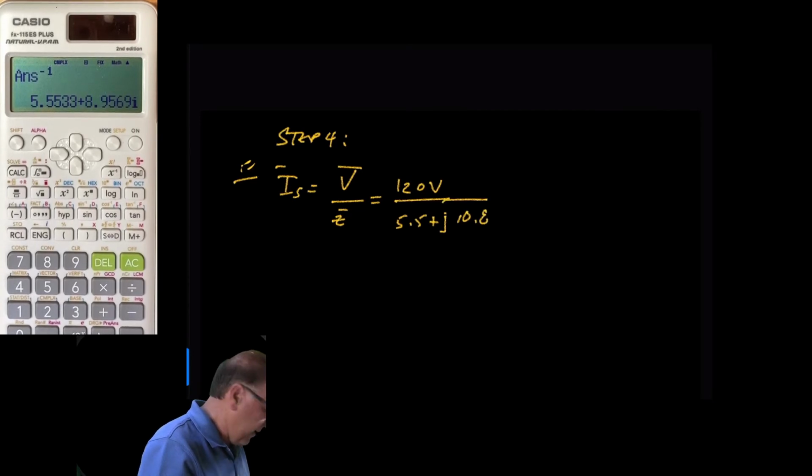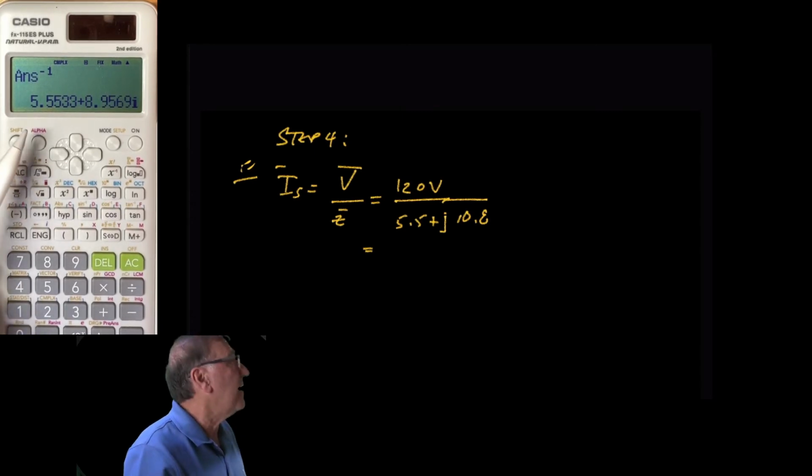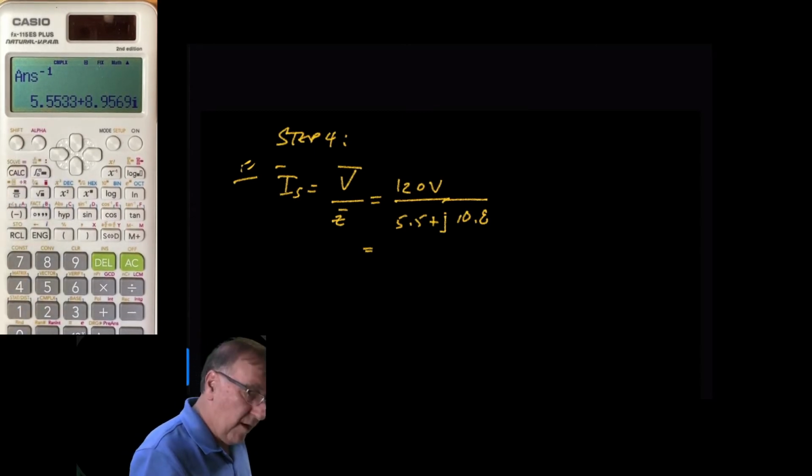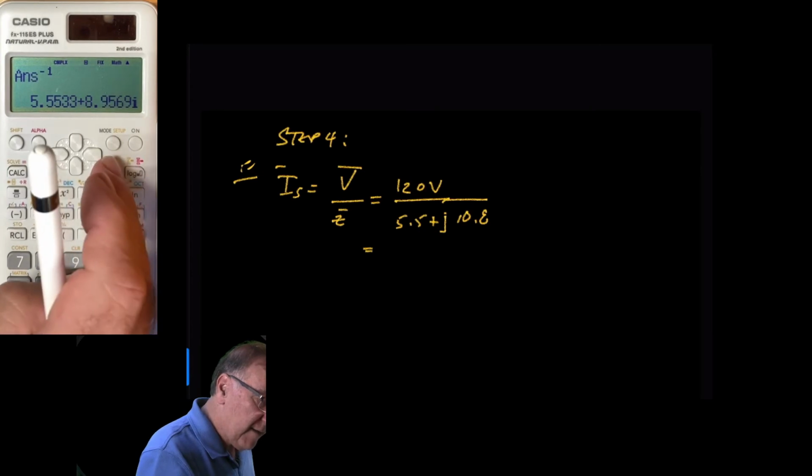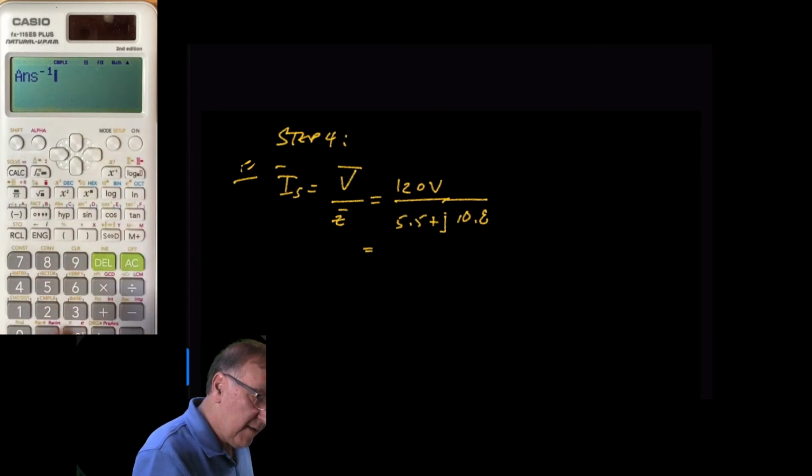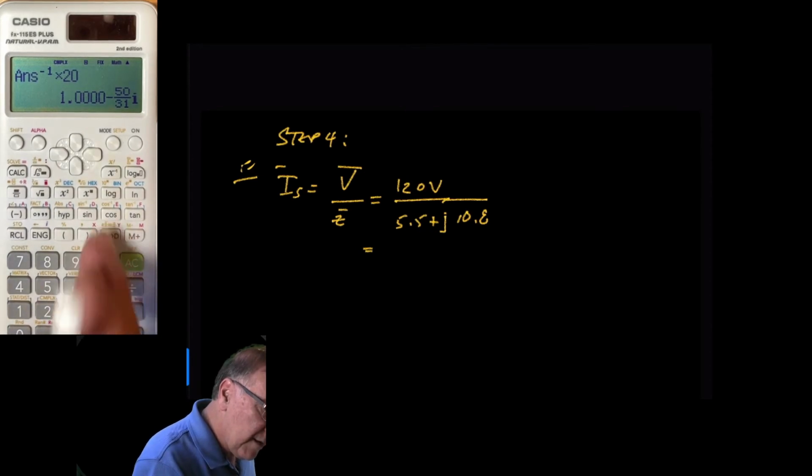And again, I'll go back to the calculator here. I already have the impedance in there. We want to invert that, and then times 120 volts, and we'll convert it to decimal notation.